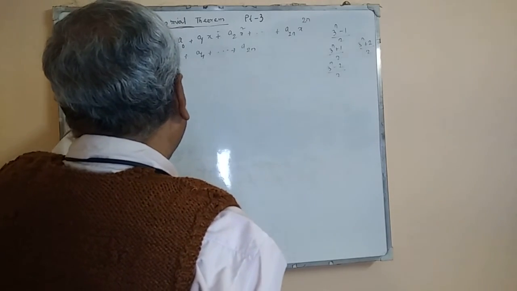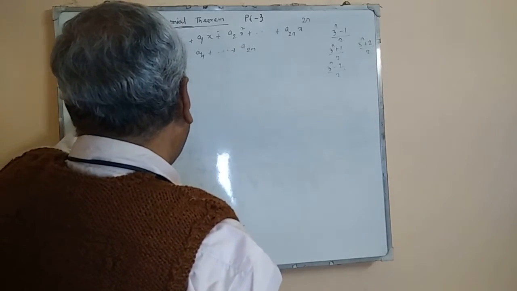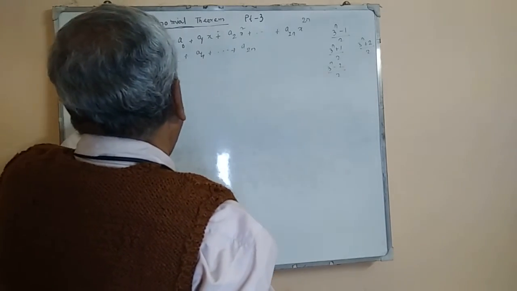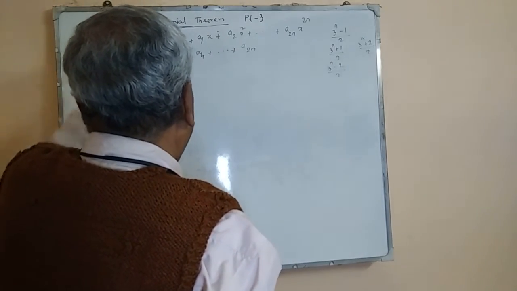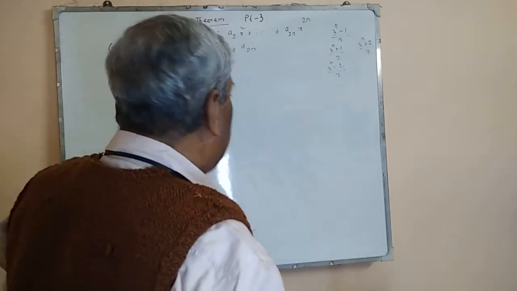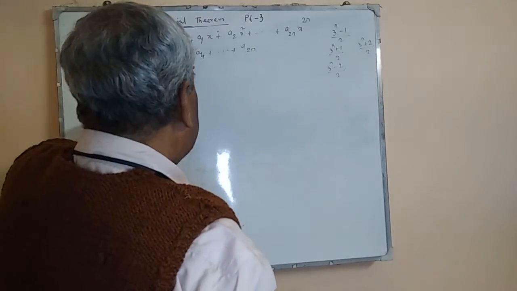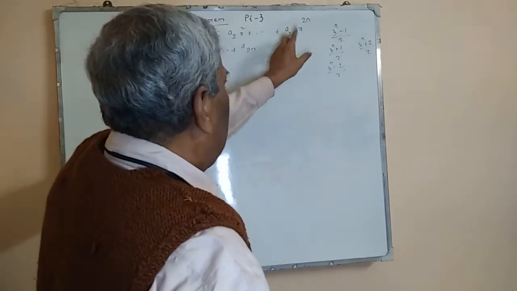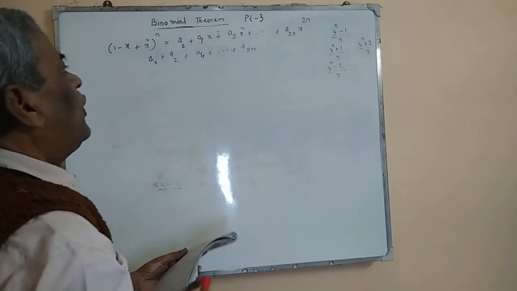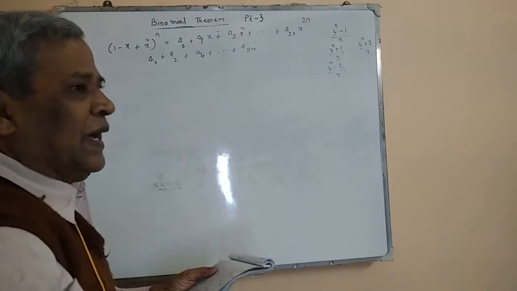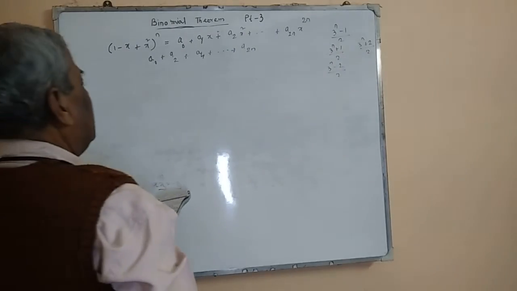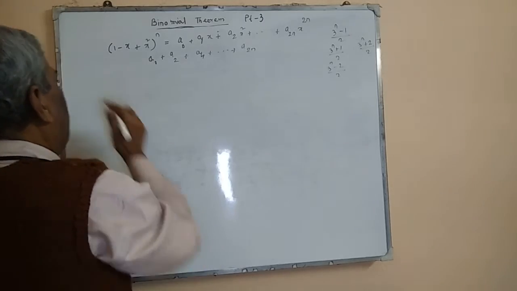You see, actually in this expansion, the maximum power of x will be x to the power 2n. So there are 2n plus 1 coefficients. This is the first coefficient, second coefficient. So the expansion will be like that. Because it is a given formula, an identity, we can put x equal to any value on both sides.